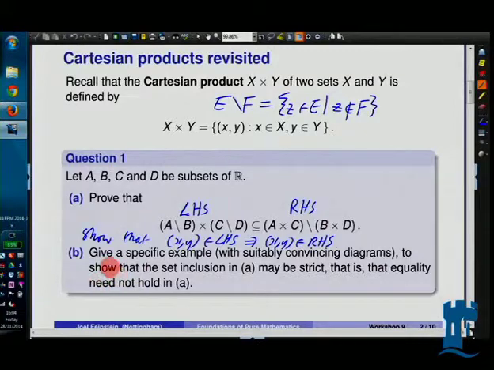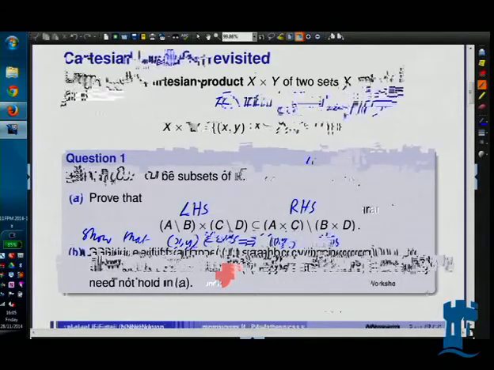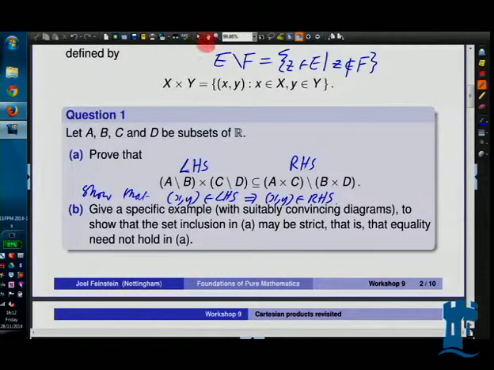And then in B, you should draw some pictures and convince yourself. You can do it with a few points, but you might find it nicer to do it with intervals and rectangles and things, just to see what's actually going on here. Right, I'll pause the recording and we'll come around and see how you get on with this. Okay, I'm going to start the recording again.